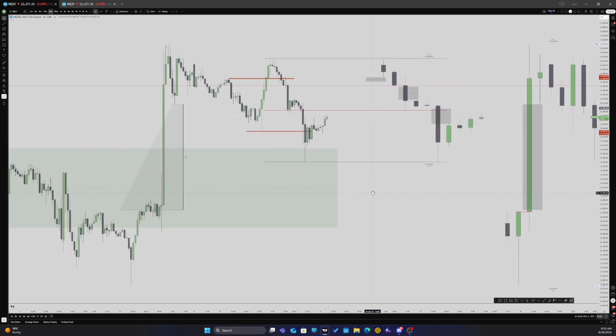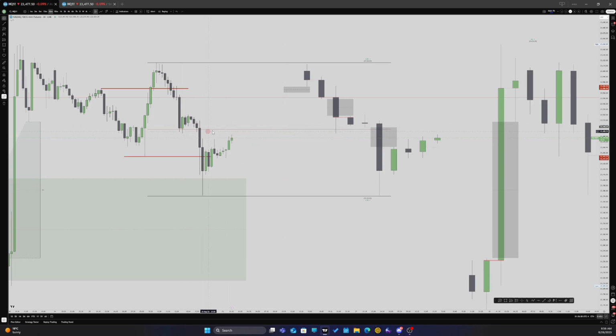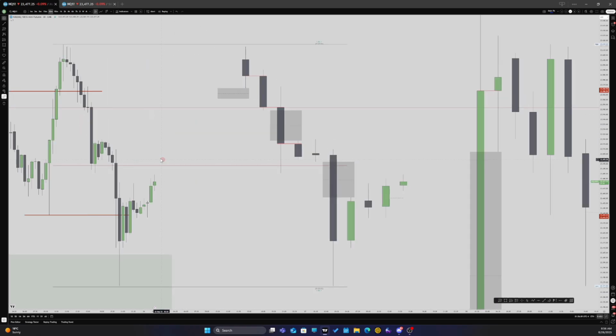So for me to go long in this situation, I would wait for price to retrace to come above the highs here, to above this high here, right? Create a change in the state of delivery on the 30-minute, basically in this one. So let me remove this to not confuse you.